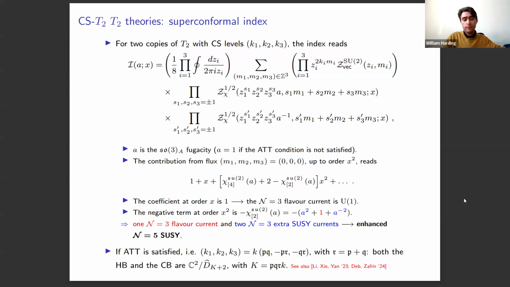The generators of both what we call Higgs branch and Coulomb branch are the same as the one I wrote down before. But since we have two copies of T2, they correspond to the chiral fields and the moment maps of the first copy. And the second one, which we find corresponding to the other branch, corresponds to the chiral fields and moment maps of the second copy. This is what we were able to study.